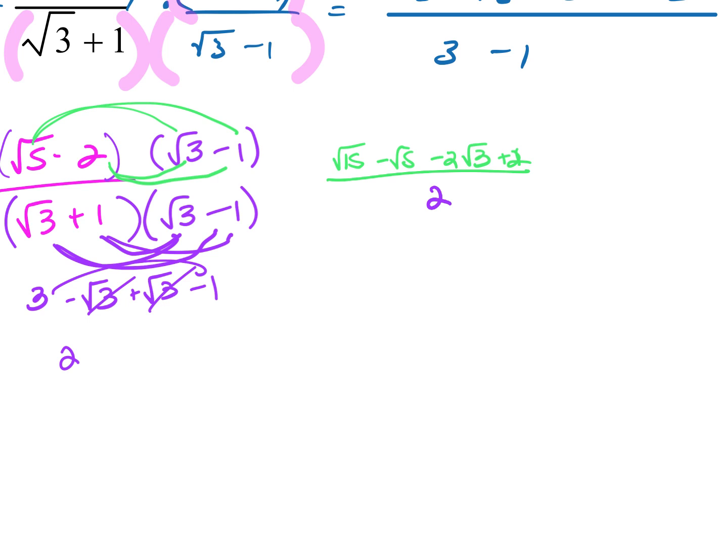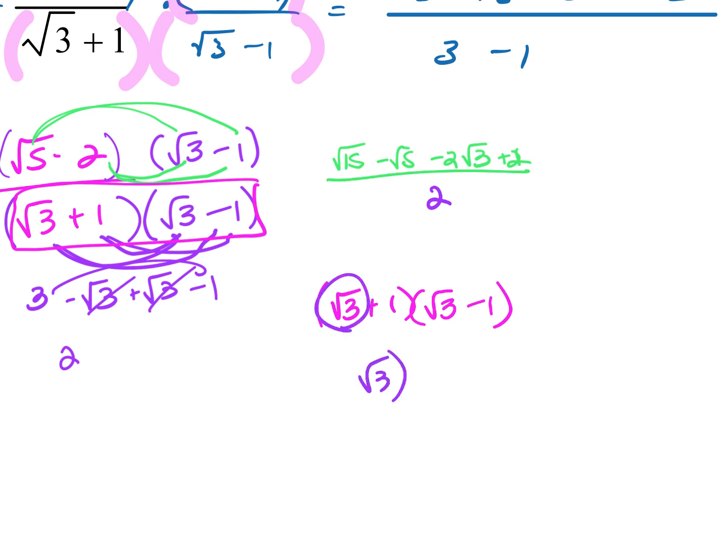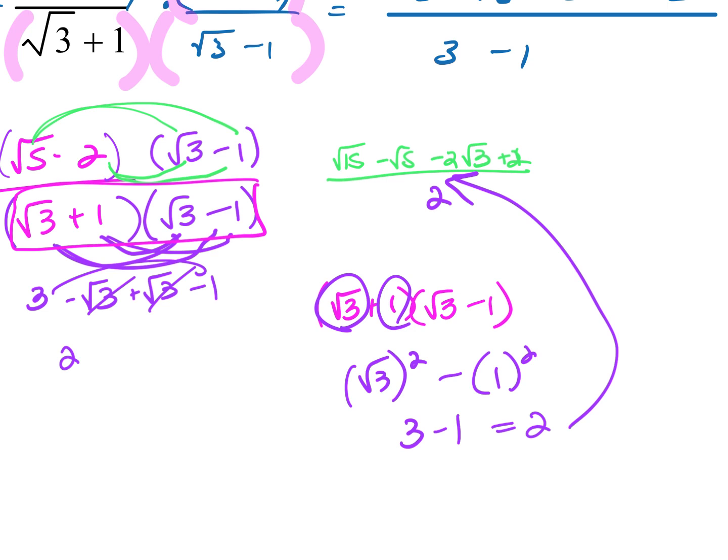But there's that shortcut you can use, right? These are opposites. They are the exact same expression, but one has a plus and one has a minus. So the shortcut here is square the first one, subtract from it the square of the second one. The square of square root 3 is 3, the square of 1 is 1, and I get 2, which is my denominator.